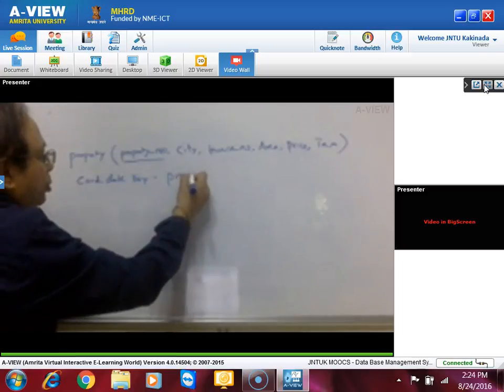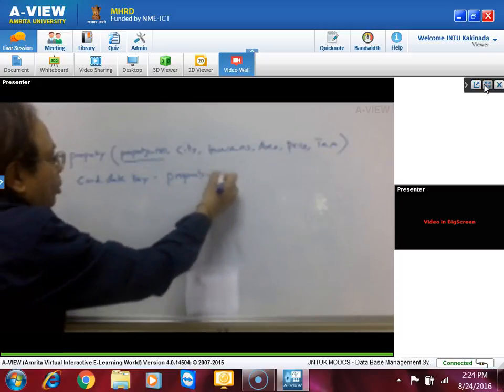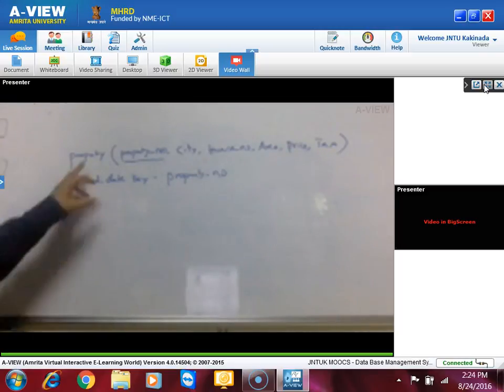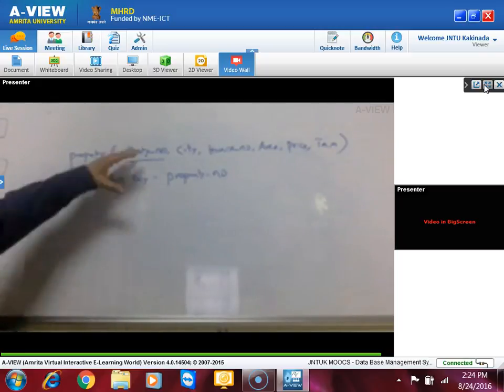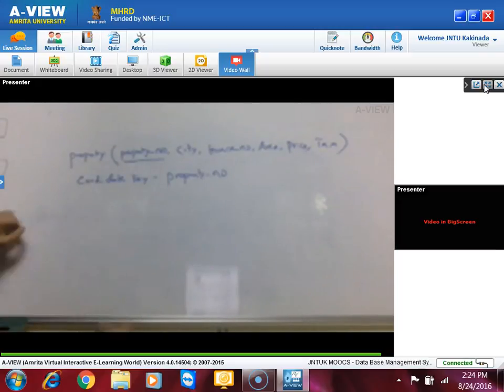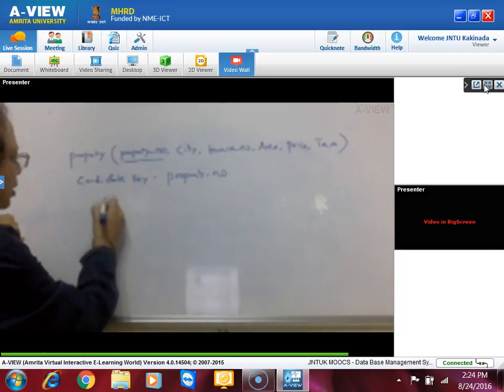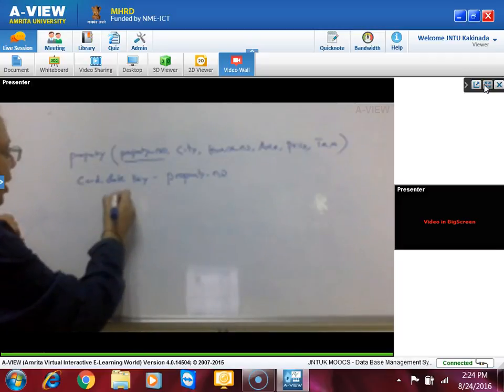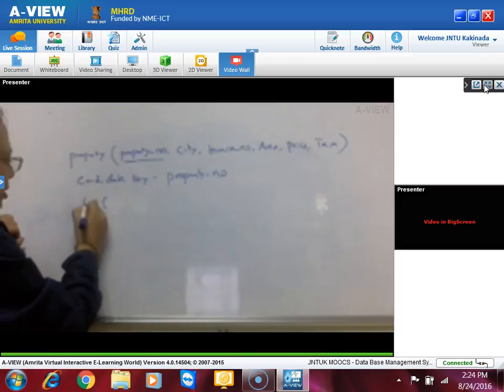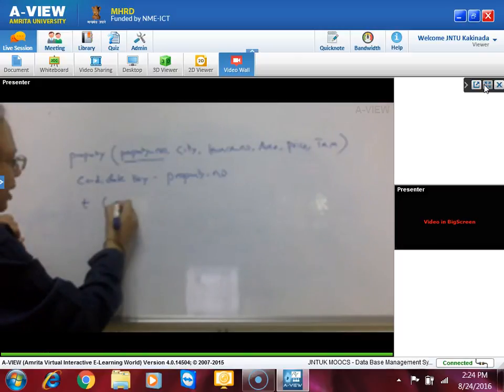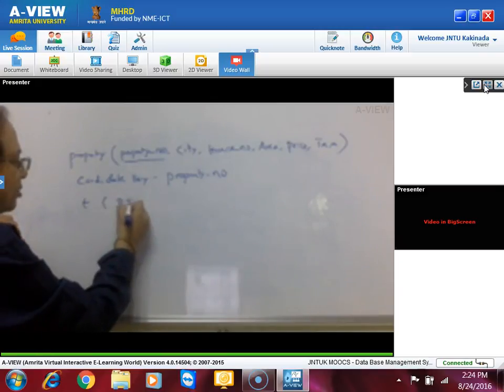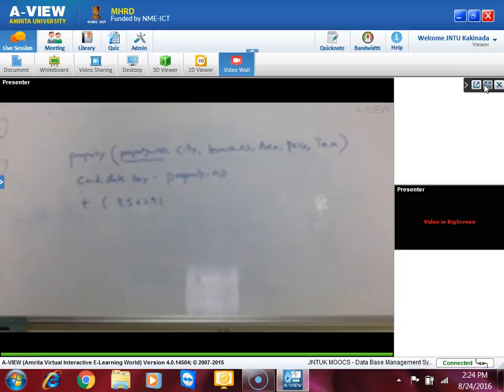One of the candidates is actually the property number, assuming that no property will have the same property number. For example, let us say property number is going to be an integer, and an instance of this tuple is going to be property number, let us say 856291.